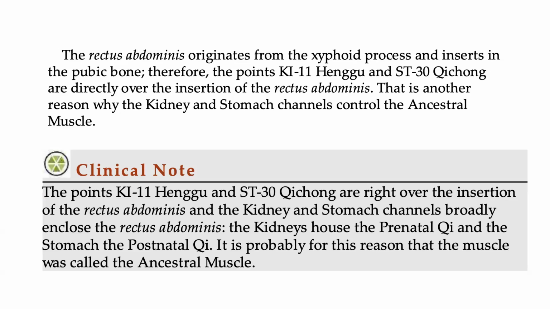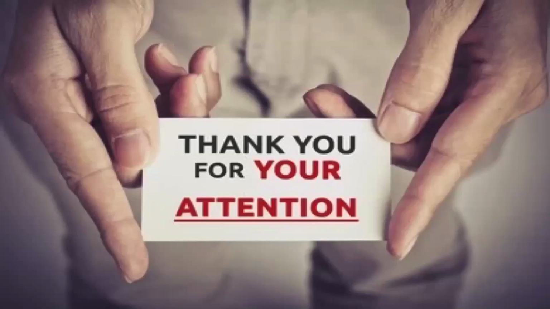Clinical note: the points Kidney 11, Henggu, and Stomach 30, Qichong, are right over the insertion of the rectus abdominis, and the kidney and stomach channels broadly enclose the rectus abdominis. The kidneys house the prenatal qi, and the stomach the postnatal qi. It is probably for this reason that the muscle was called the ancestral muscle. Thank you for your attention.